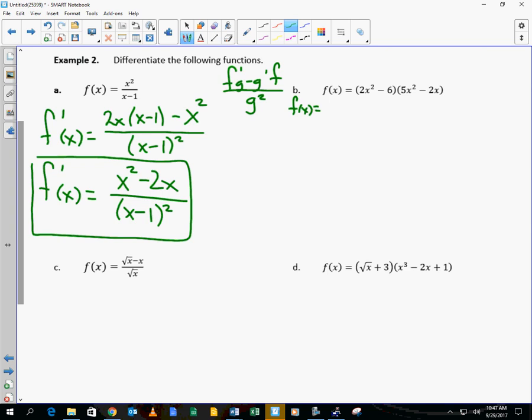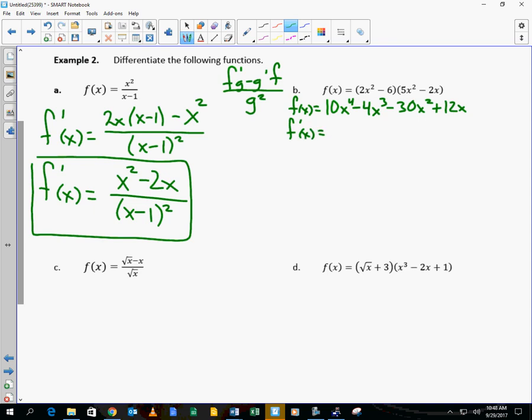2x squared times 5x squared is 10x to the 4th. And then what do I have cubed? Negative 4x cubed minus 30x squared plus 12x. Good. So now I'll take the derivative using the power rule.